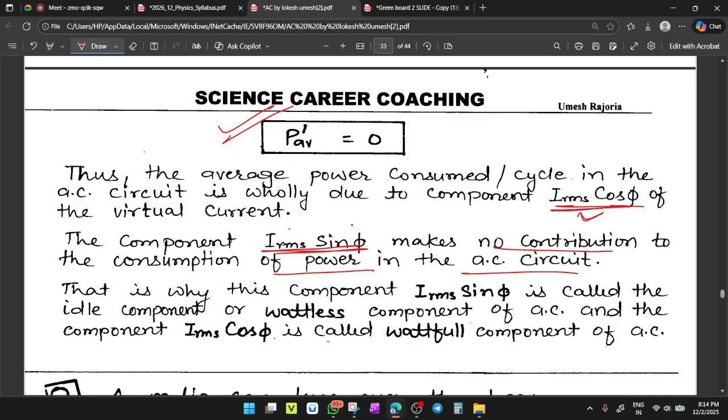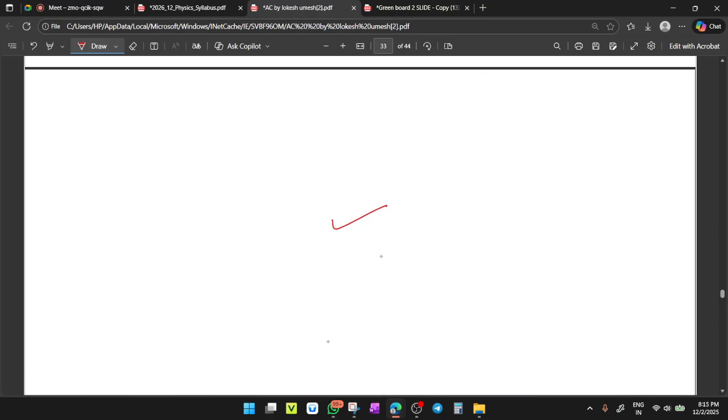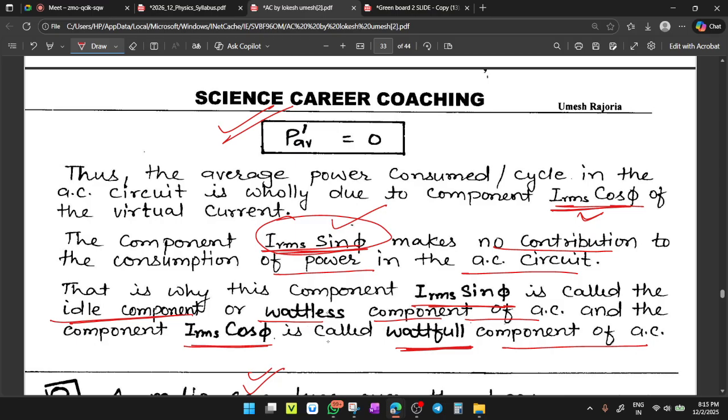So this part of the current will be absolutely wattless. That is why the current component IRMS sin phi is called the idle component. This is called the idle or wattless component of AC, and the component IRMS cos phi is called the working or wattful component. So the sine component will be wattless and the cos component will be wattful.